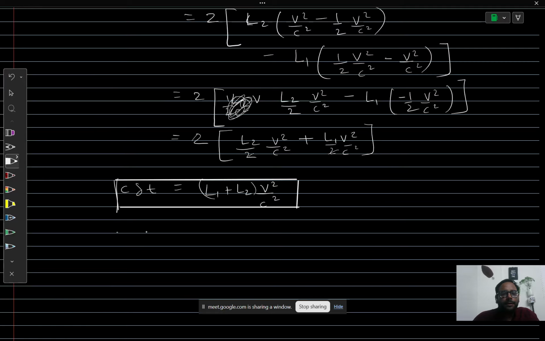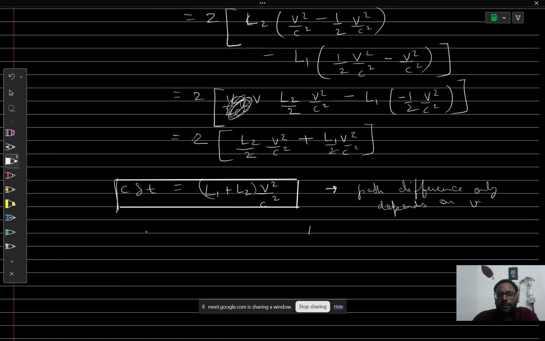You see, this phase difference, or say the path difference, only depends on v. Why v?